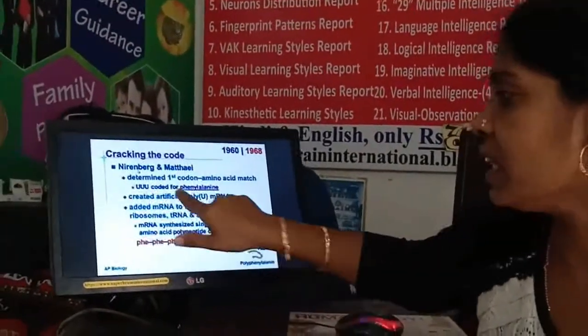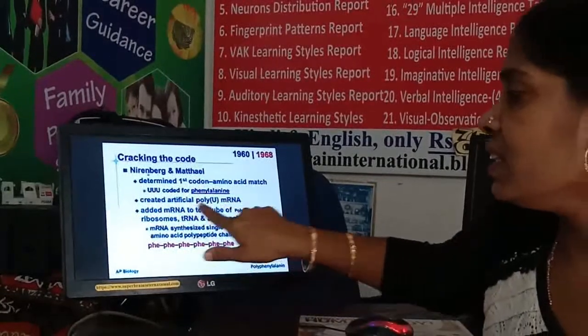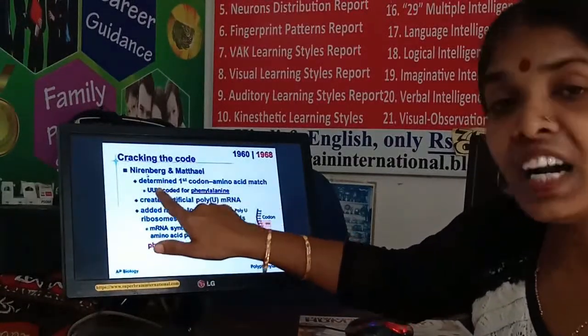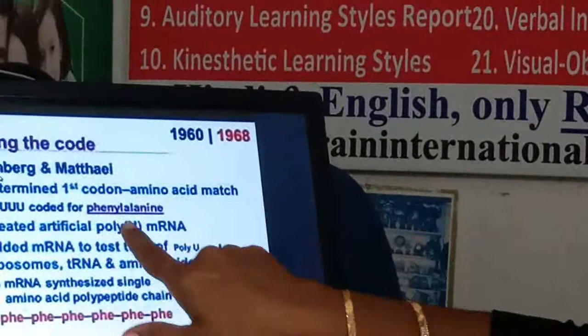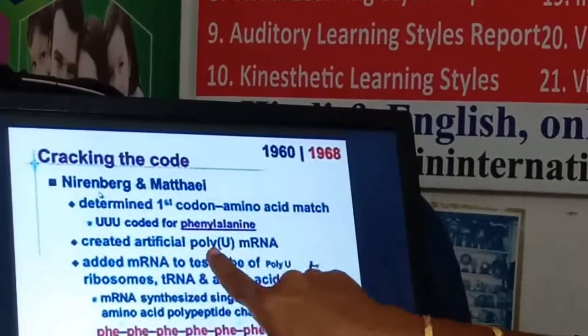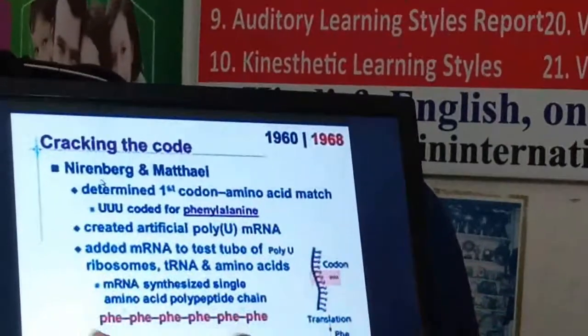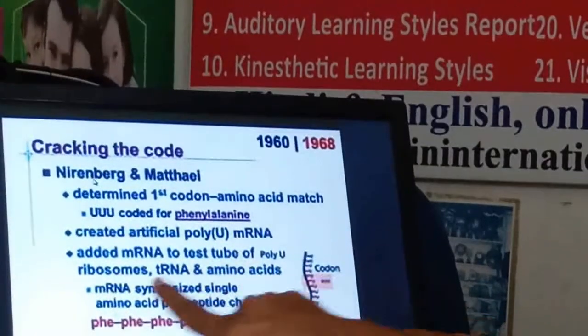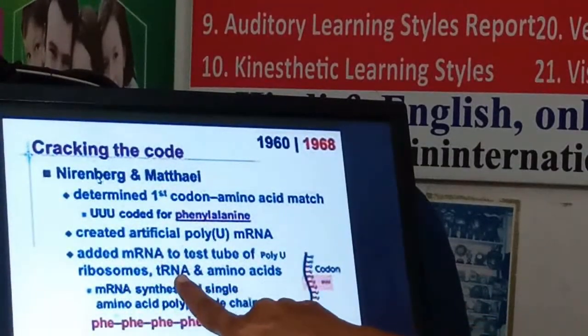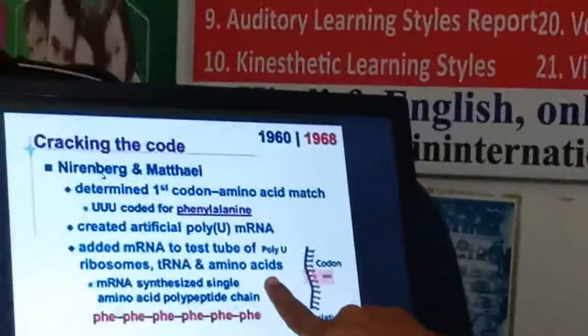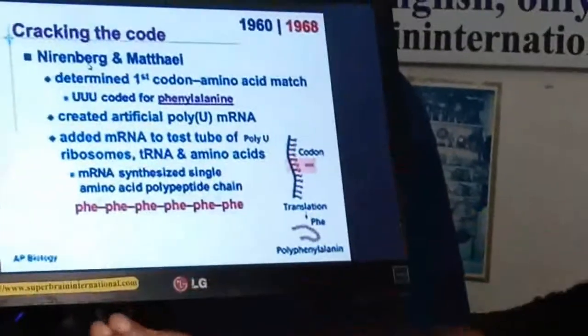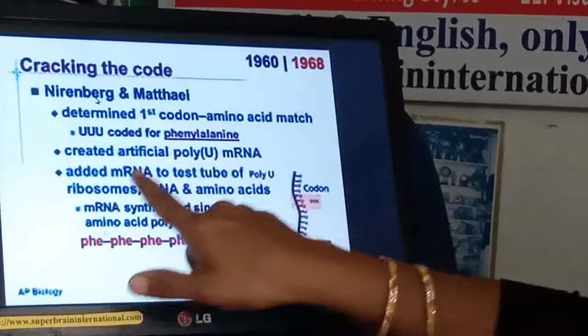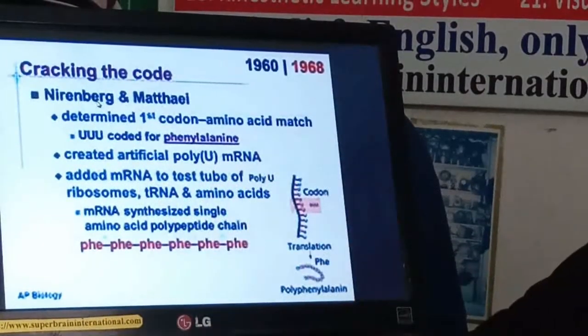They created an artificial poly-U mRNA, and along with that mRNA they added ribosomes, tRNA and different types of amino acids in a test tube. All these components are required to form a protein.